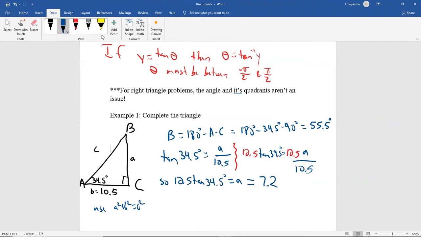So we know that 10.5 squared plus 7.2 squared would be equal to c squared.